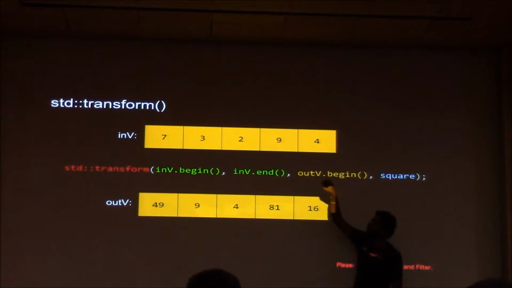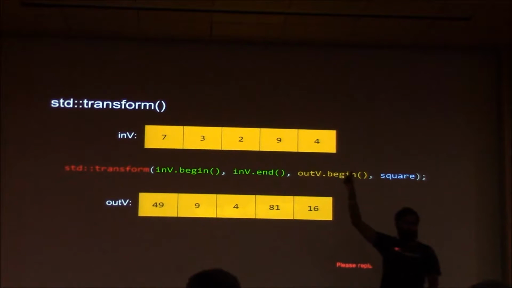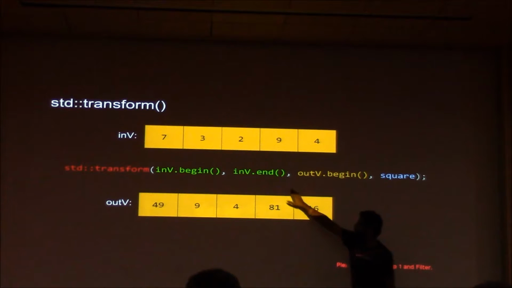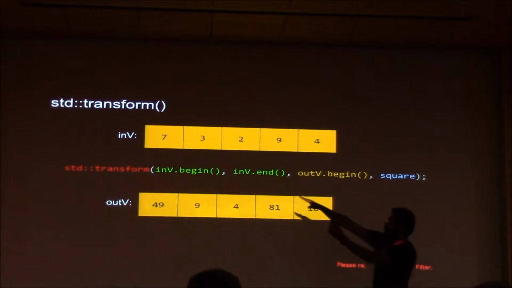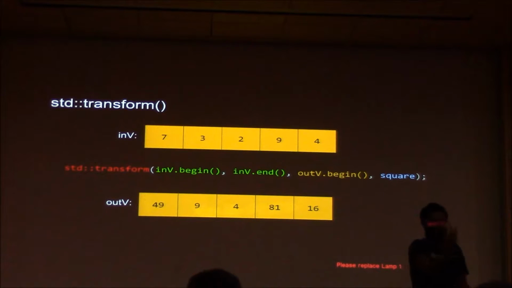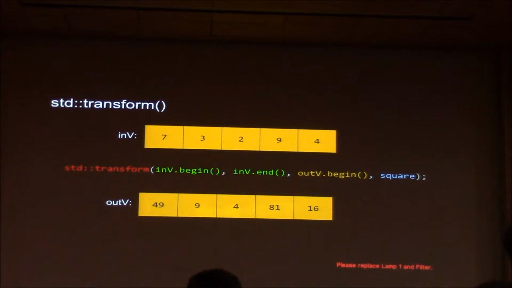It would just start rewriting that particular vector. If you don't want to create a new copy, but just want to square the vector that you already have, you just do inv.begin() here. So the input is from there to here, and the output starts again from this particular location. It will start reading 7, square it, and then write 49 in the position where 7 was previously, the same exact location. It's a very good question.